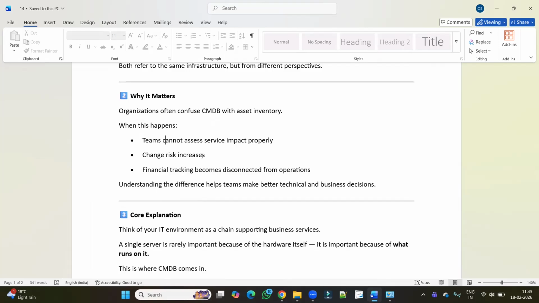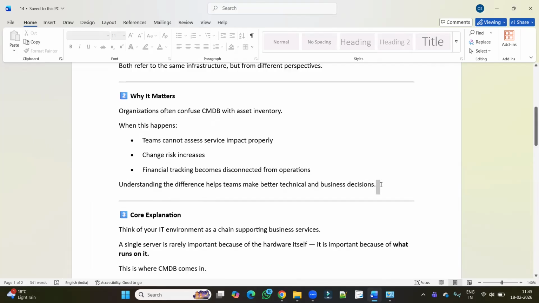That's why we are saying the risk increases here. And obviously financial tracking is disconnected from operations. There is no bridge between operations and financial tracking, and that also leads to service interruption or dissatisfaction of the customer. That's why we are saying understanding the differences helps teams make better technical and business decisions.